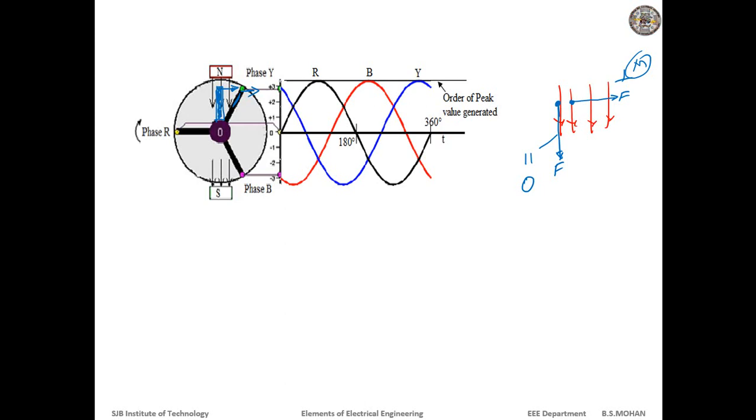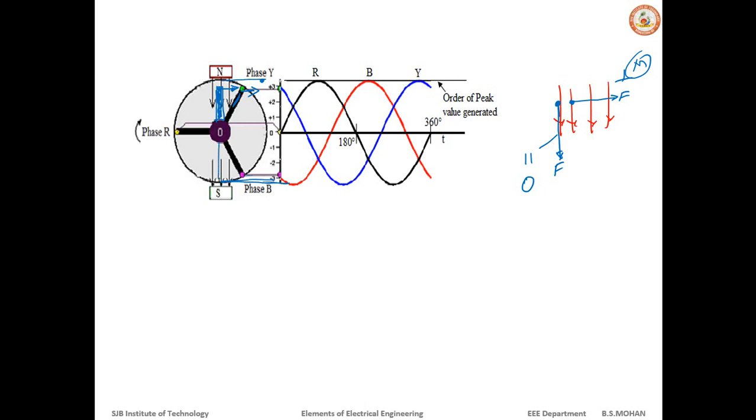As you can see here, at this point the induced EMF is not maximum, it is slightly lesser, because it is maximum at this point. So somewhere here we get maximum induced EMF. Similarly, only at this point we get maximum here, and at this point it is slightly lesser.